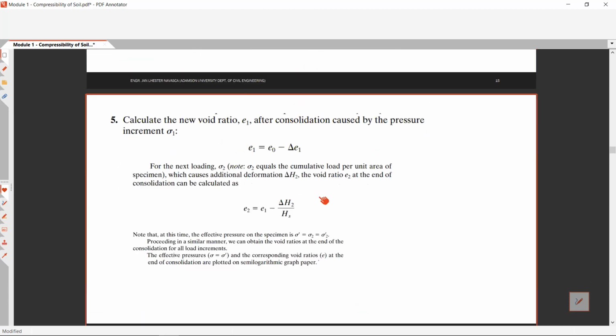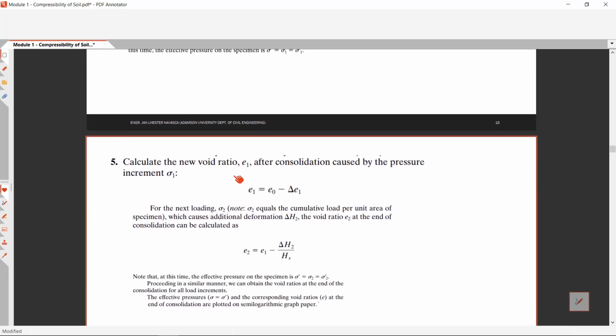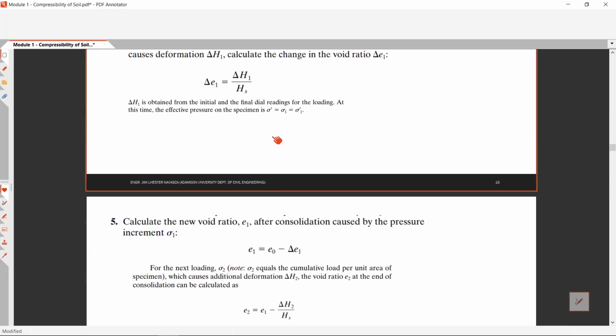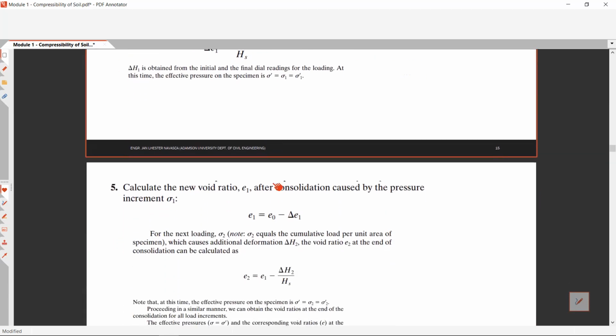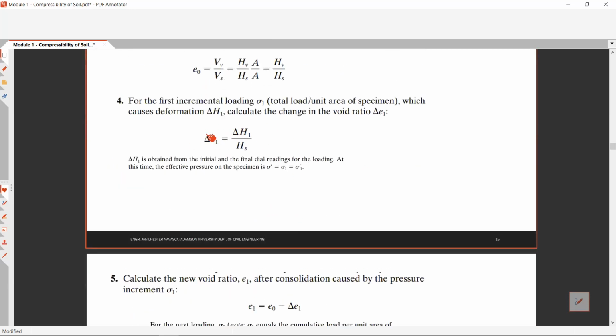Yan. So we can say that the new void ratio after consolidation caused by the pressure increment sigma 1, E sub 1, new void ratio natin, is equal to, syempre, the initial void ratio E sub 0 minus yung change na na-compute natin kanina.